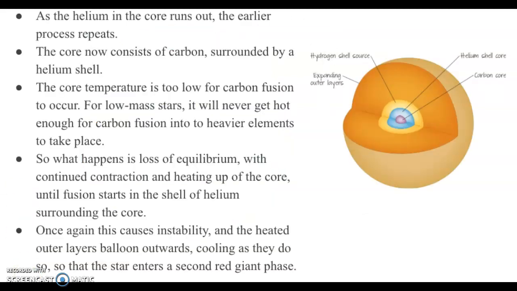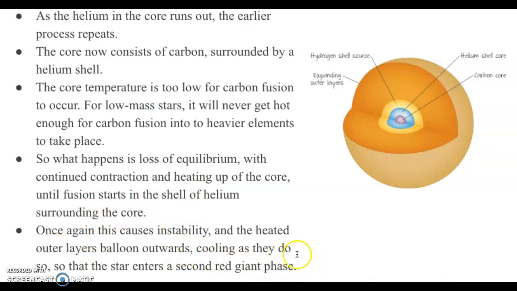Once the carbon has formed and there's no more fuel, basically that radiation pressure and that push out stops and the whole thing kind of collapses. Okay, what we end up with is fusion instability, and the outer layers ballooning outward and cooling.